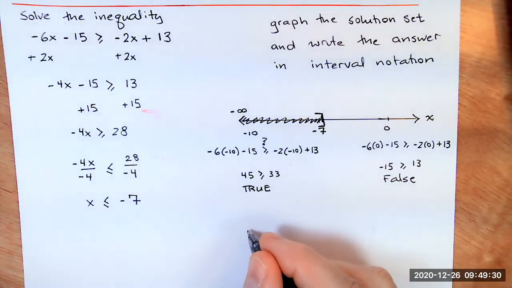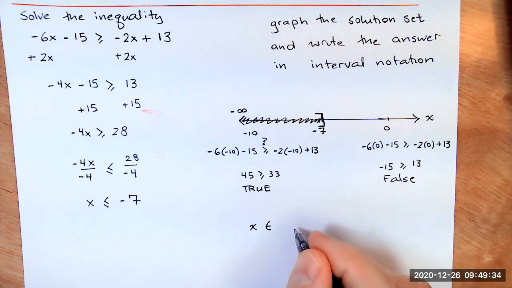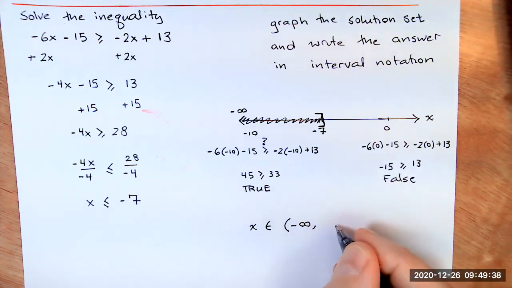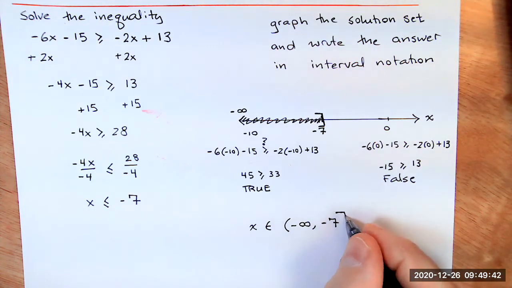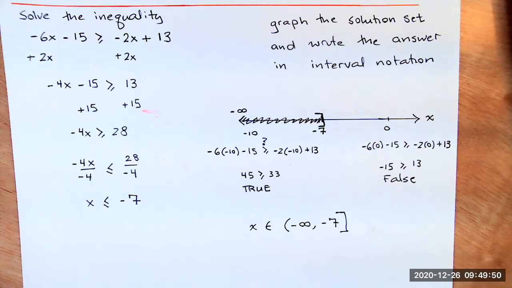So our interval notation is x is an element of the set from negative infinity to negative 7, and we use the square bracket to indicate that negative 7 is included in our solution set. Let's do another one.